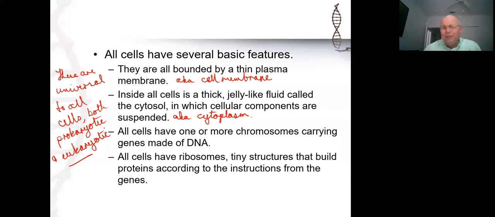And then because all cells need to have polypeptides and proteins, they all have ribosomes. But we do know that the ribosomes in prokaryotes are very different from the ribosomes in eukaryotes. We can differentiate between them.